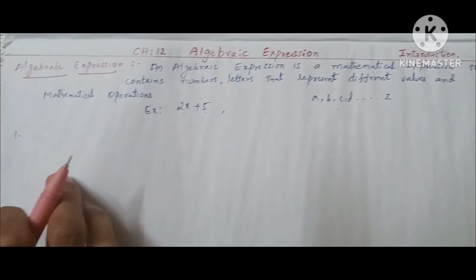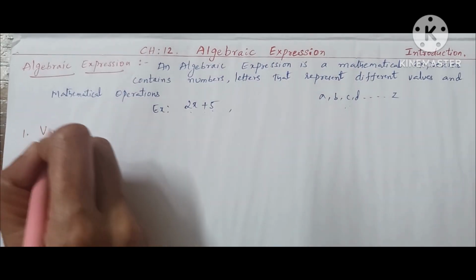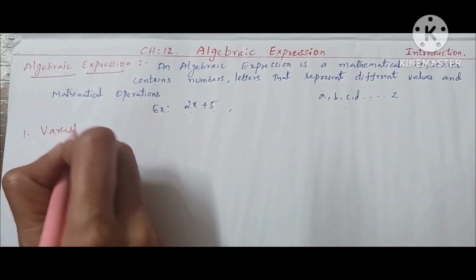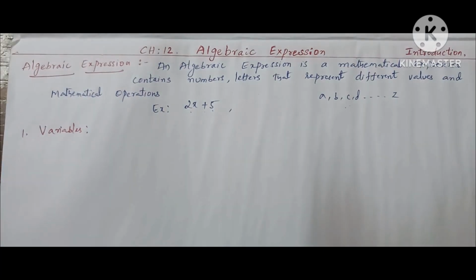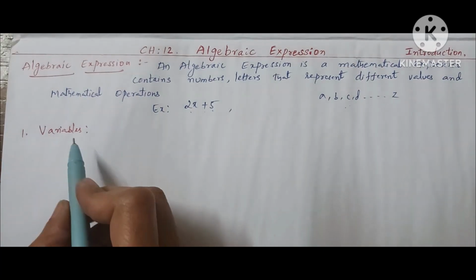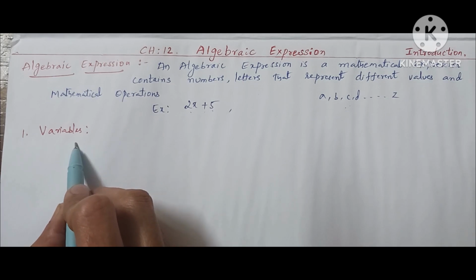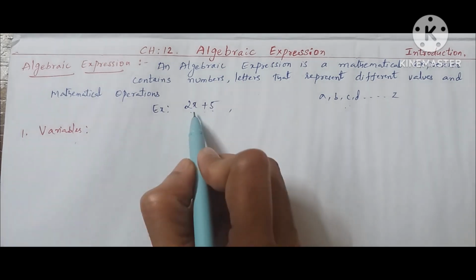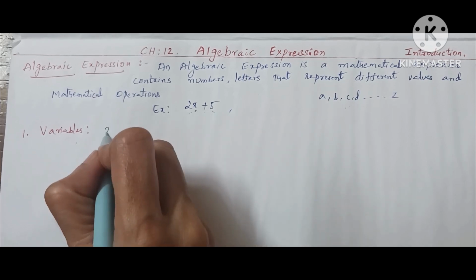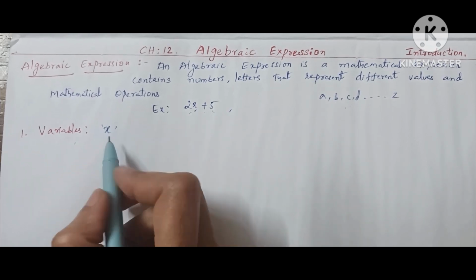The first part is variables. The word itself says it varies, means it changes. So here, in 2x + 5, x is the variable. It is an alphabet.